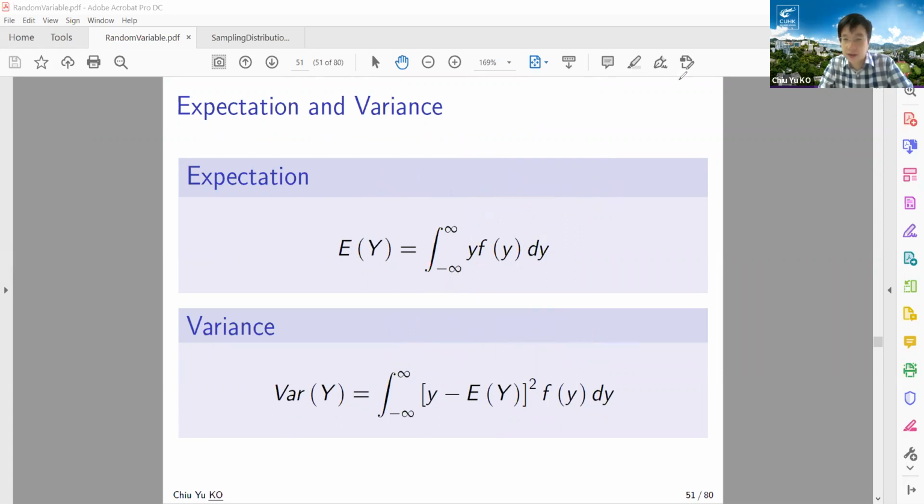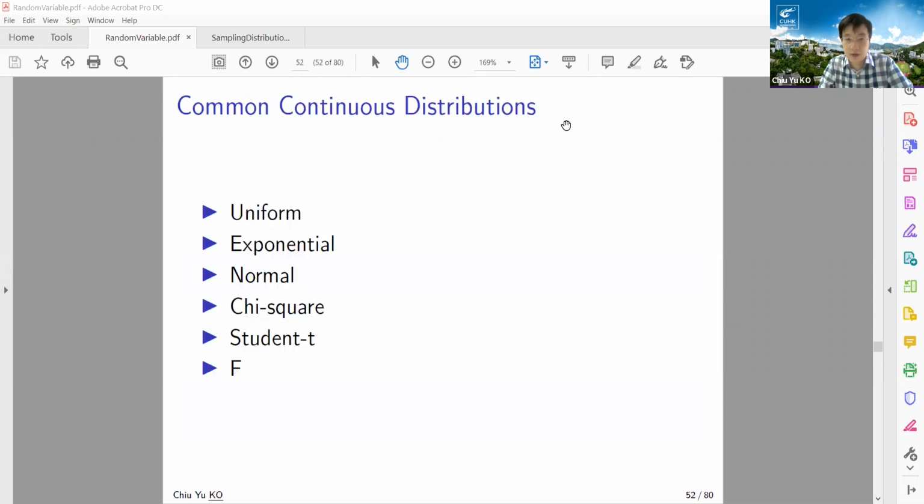Since we covered this, it's just a reminder. We cover uniform, exponential, we touched a little bit on normal, and the key for today is covering the normal.